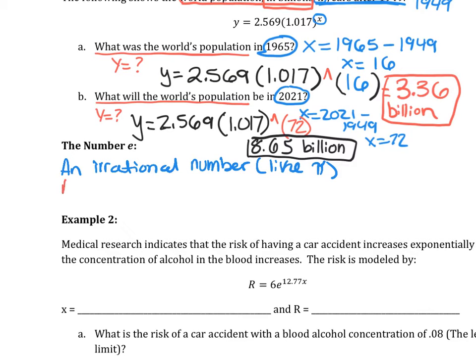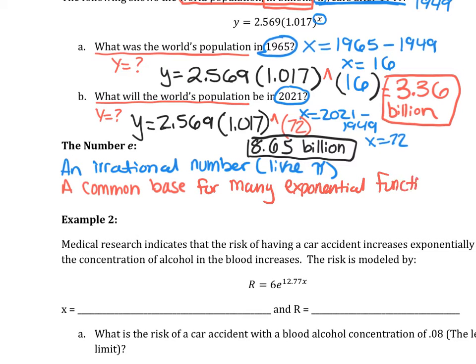And this number e is a common base for many exponential equations. Okay, and so e is approximately equal to 2.718, kind of like how we say pi is approximately equal to 3.14. It's the same idea, but we do have a button for e in our calculator.